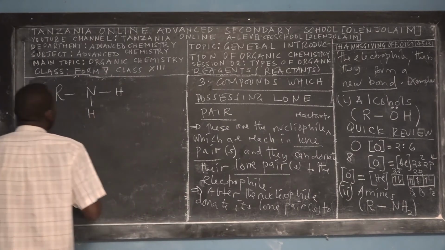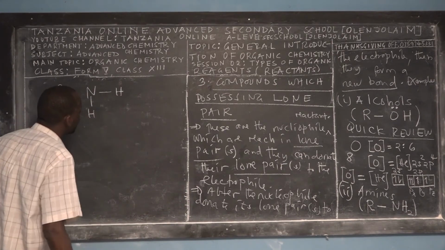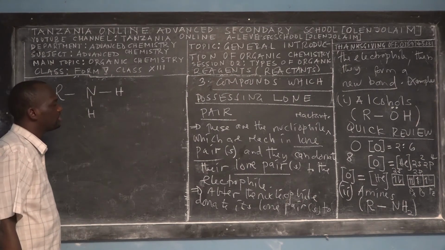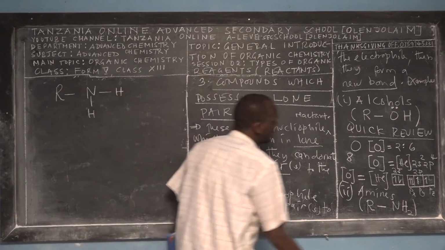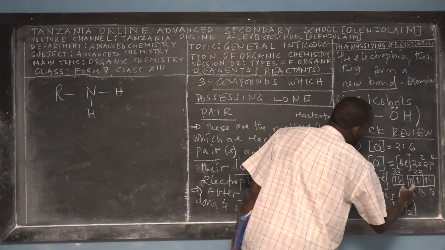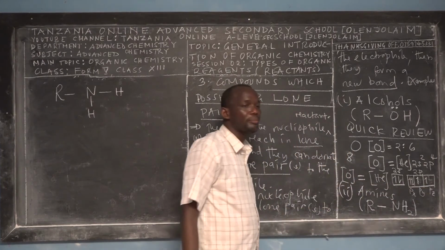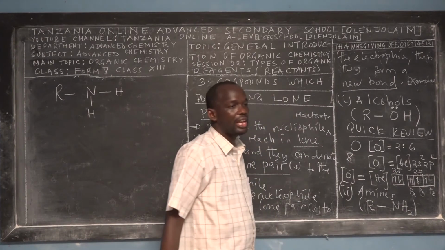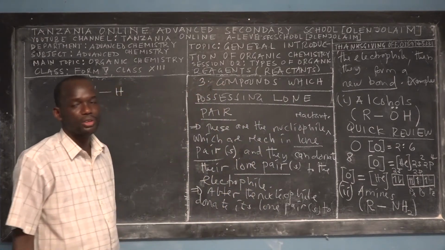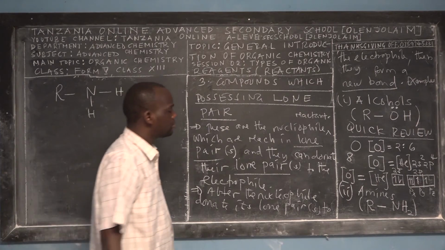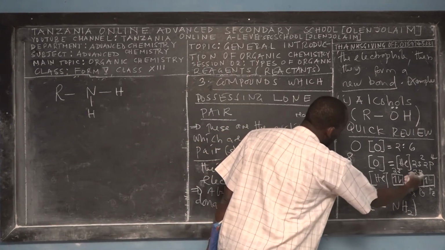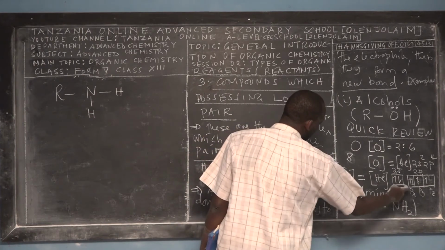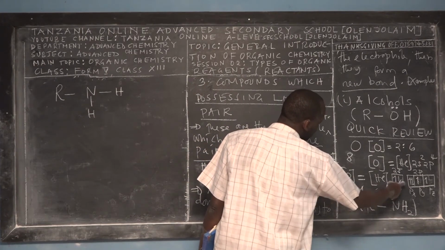Nitrogen itself is an element which contains 7 electrons. So if you write the electronic configuration of nitrogen, every p orbital is unpaired. These 3 unpaired orbitals are the ones that participate in the formation of covalent bonds. In nitrogen, these 2 electrons are valence electrons.